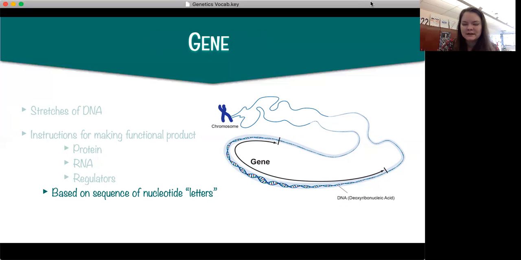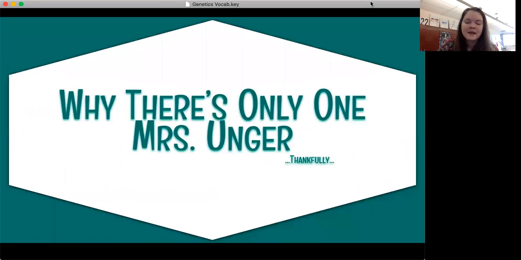Kind of like if you were to take a look at a book, right? If you didn't know the English alphabet at all, it would all just look the same, but there's a huge difference between, you know, Winnie the Pooh and Shakespeare. So it's all about how you put those letters together, and that will determine what the functional product is that you have at the end. Okay.